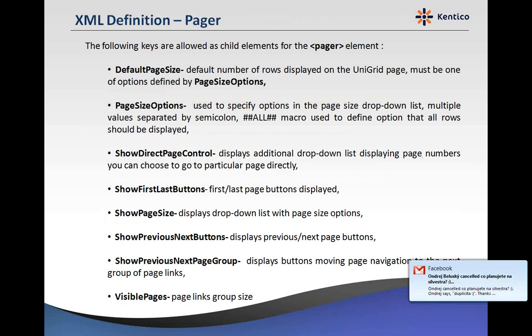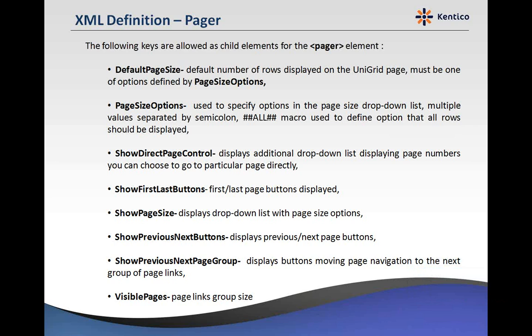The last part of the XML definition schema is the pager. Not the last, almost the last is the pager. The pager allows you to alter the behavior of the default UniGrid pager. You can use the default page size attribute to alter the default amount of rows displayed on one UniGrid page.